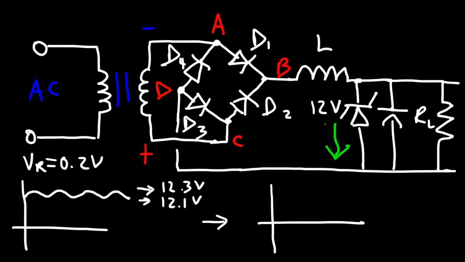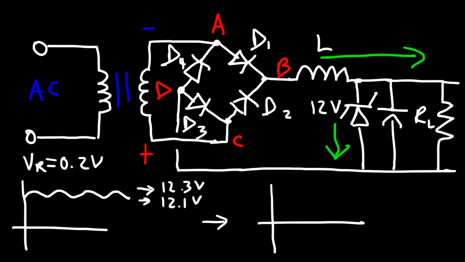Notice that the direction of the current is in the opposite direction of the arrow, and the Zener diode is designed to work in this way. It's designed to work in reverse bias mode. The breakdown voltage is 12 volts, so until you hit that number, the Zener diode will not conduct. So the bulk of the current will flow in this direction. However, some current will flow through the Zener diode if the voltage is above 12.